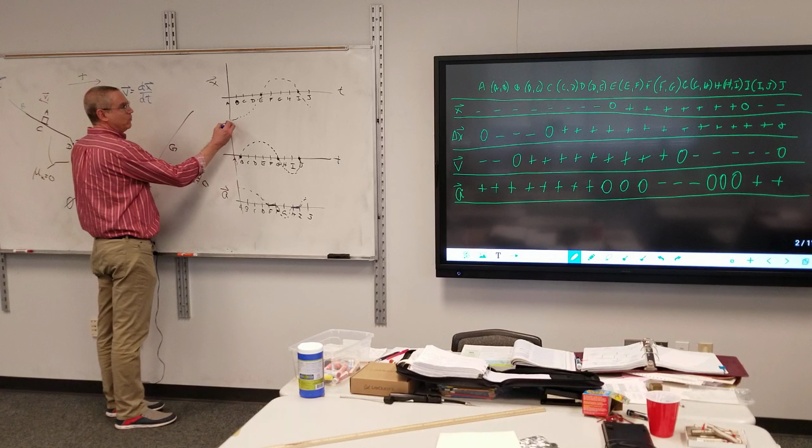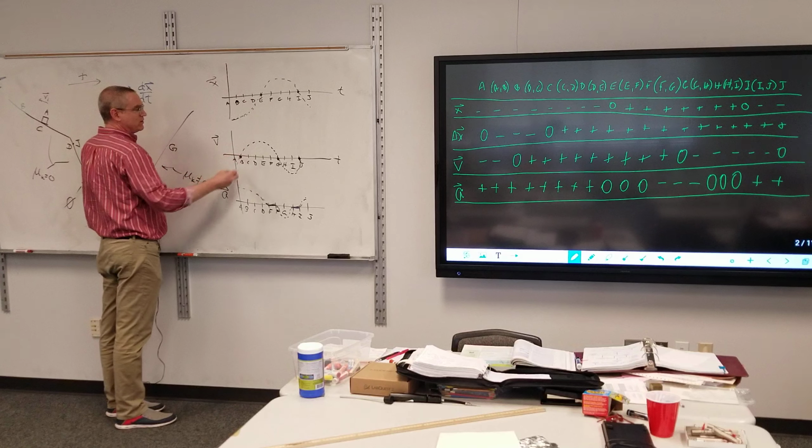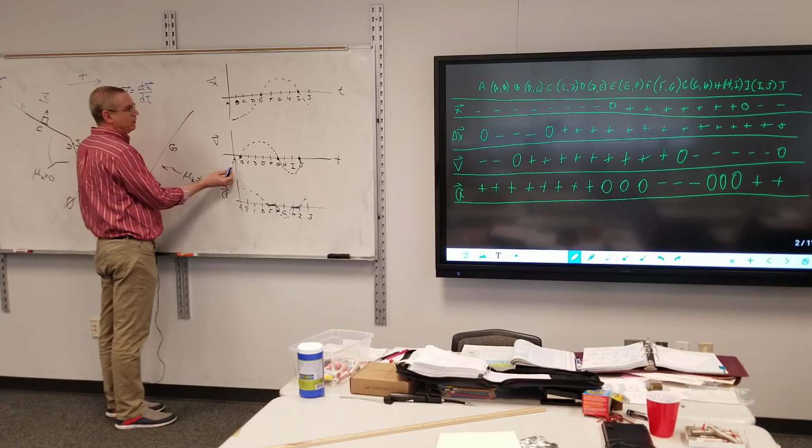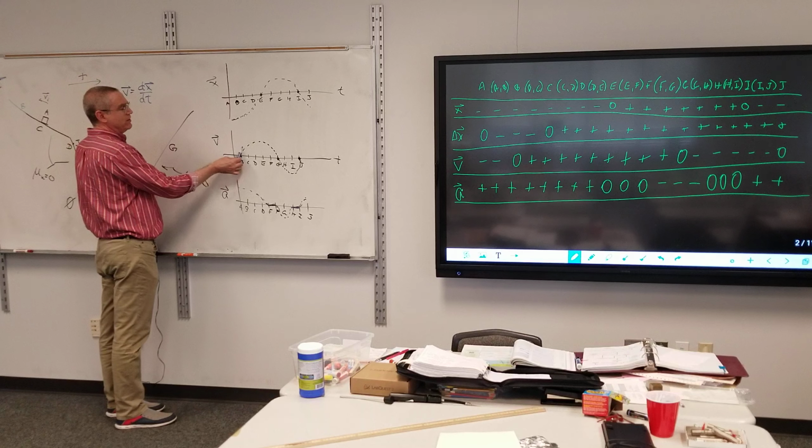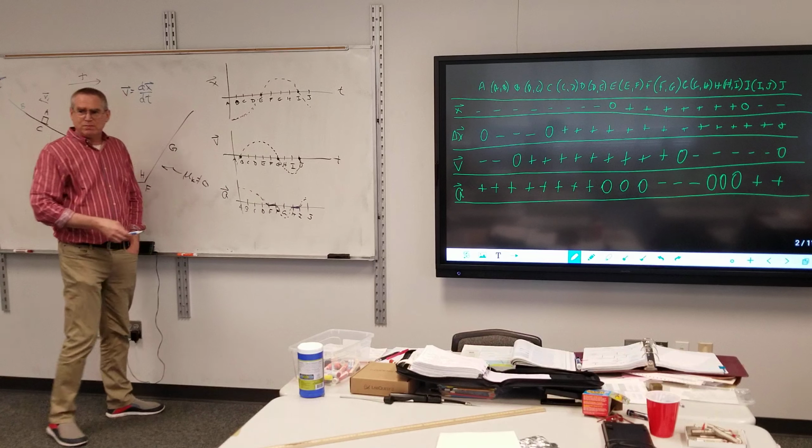Well, I start out with a relatively low slope and then I get steeper, but here my slope starts out negative and becomes less negative. So the question is, which one needs to be adjusted?